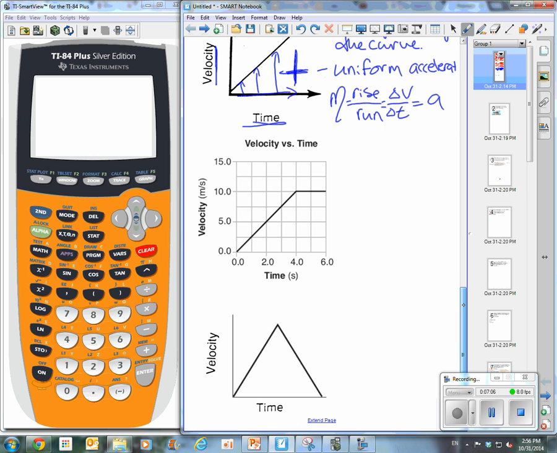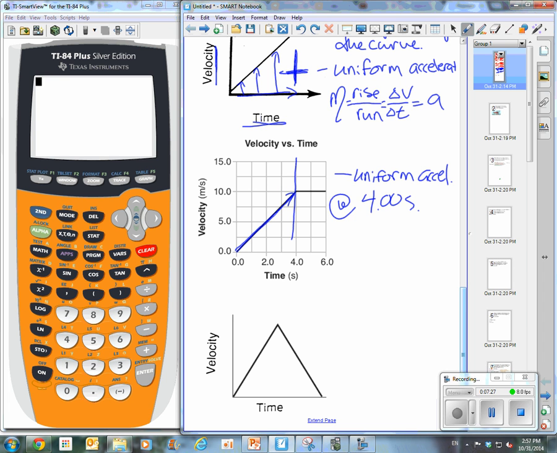So let's look at the next graph here. This graph, we've seen this portion of the line before. Okay, so we know it's doing uniform acceleration. Then we would notice that something happens here at 4 seconds.